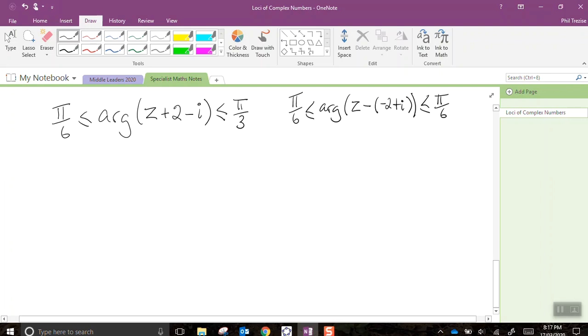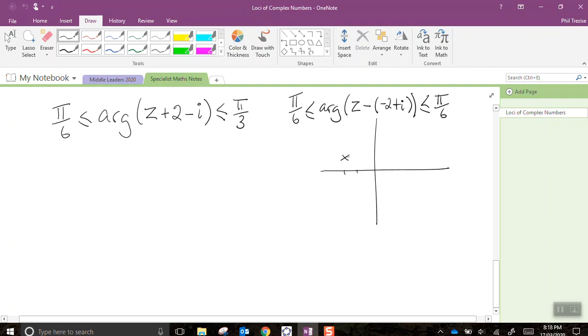And what I'm really saying then is that the point z, this point here, negative 2 plus i, is the starting point, if you like, or it's the translation of my origin. Now, where is an argument of pi over 6?